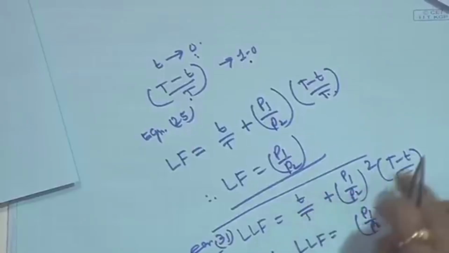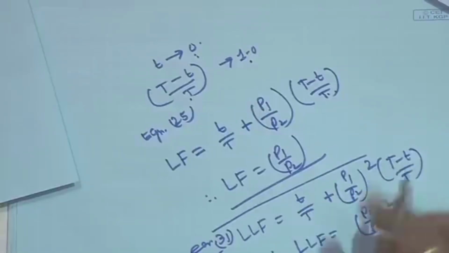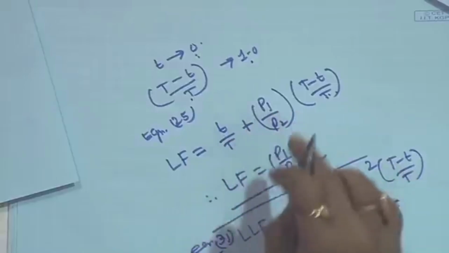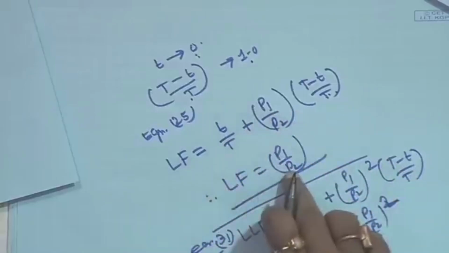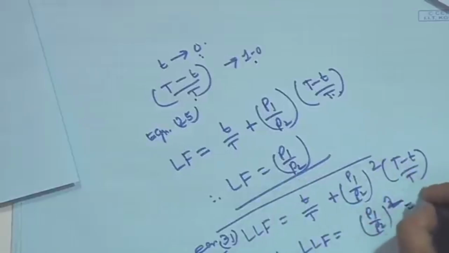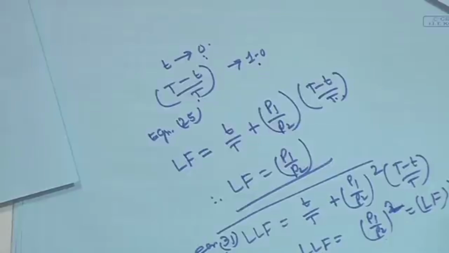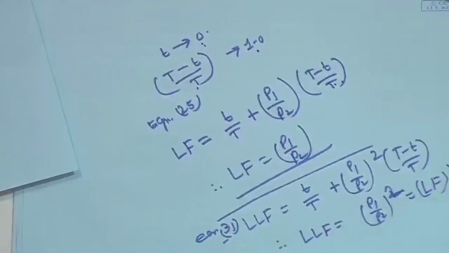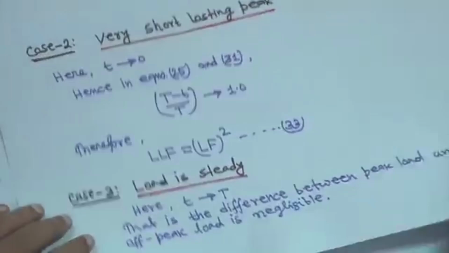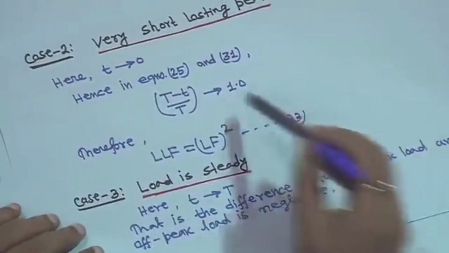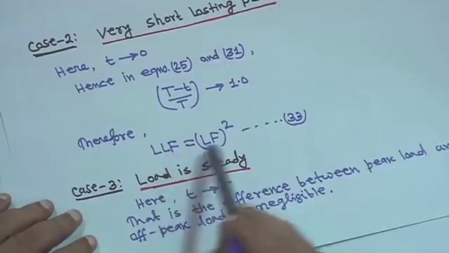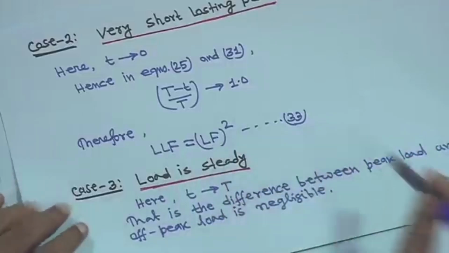This term will vanish and this tends to 1. And LF is equal to P1 upon P2, that means this one is equal to load factor square. That means loss factor for this condition is equal to square of the load factor. Therefore, from equations 25 and 31, loss factor is equal to load factor square.